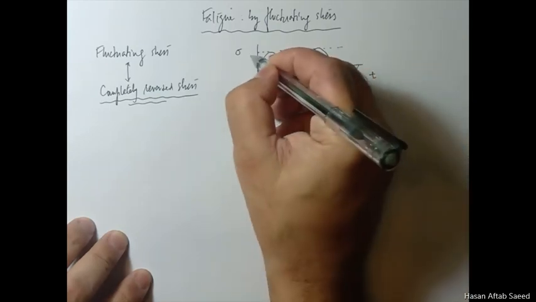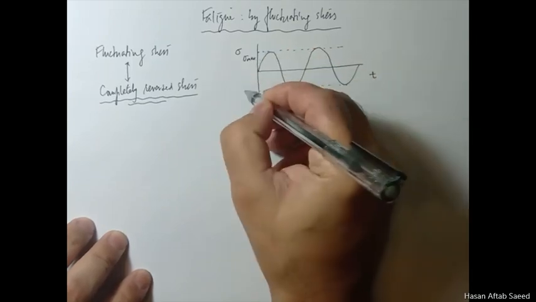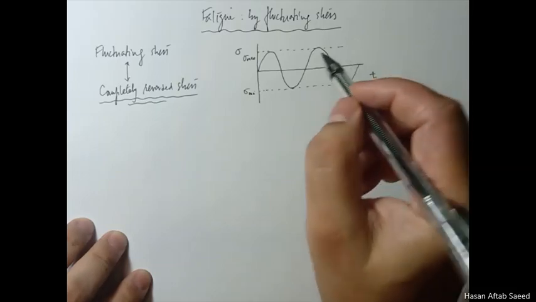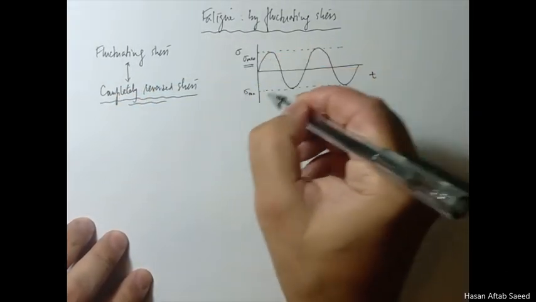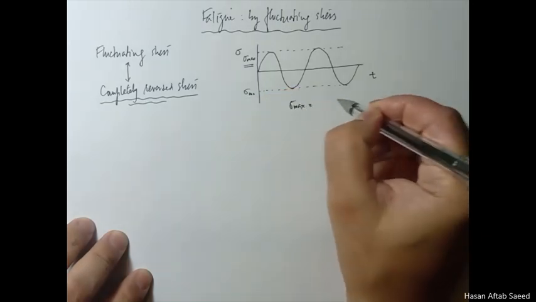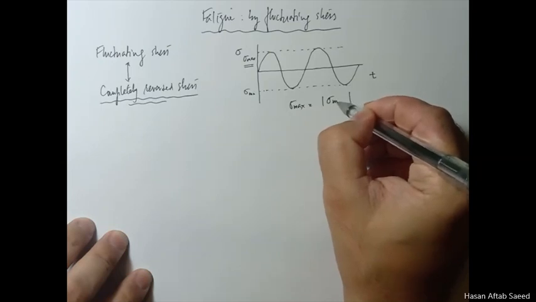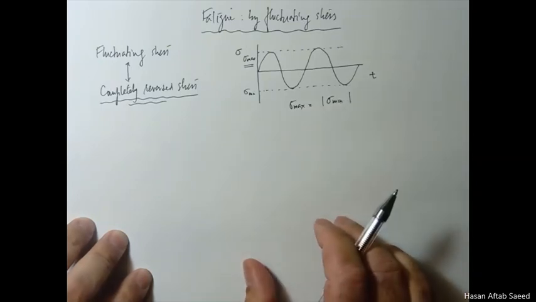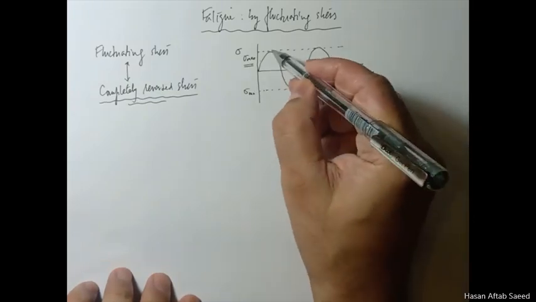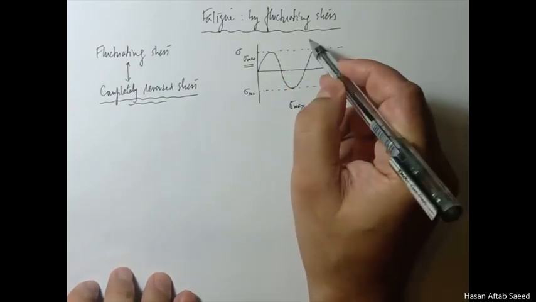So here you have sigma max, sigma min, and because it is completely reversed, whatever the value of sigma max, it is equal to the magnitude of sigma min. That is what is called completely reversed. Plus 25 minus 25, plus 80 minus 80.